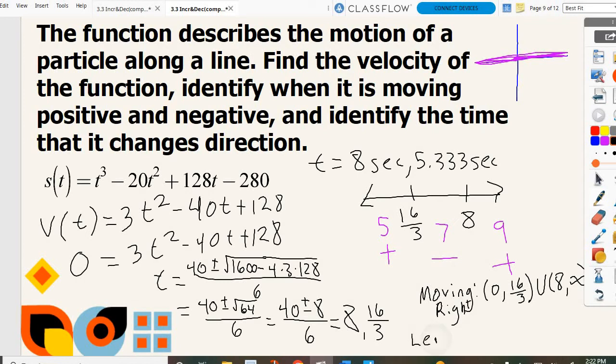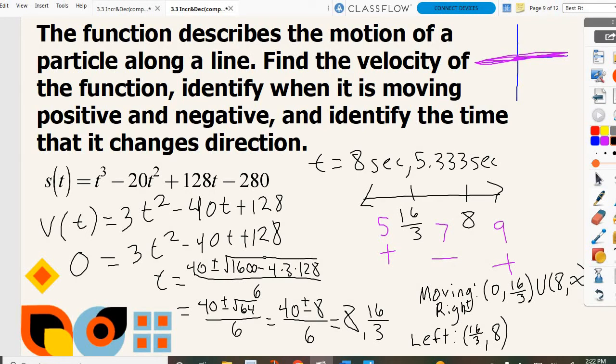Then when are we moving left? 16 over 3 to 8. Are there relative mins and maxes, or no? We couldn't call it a min or a max because my particle is moving along a straight line.